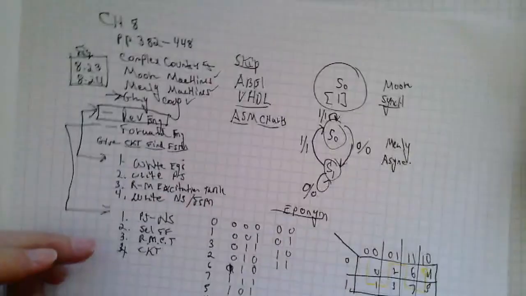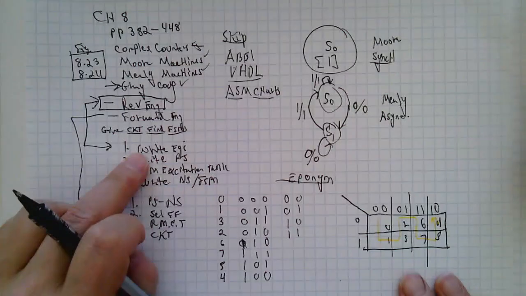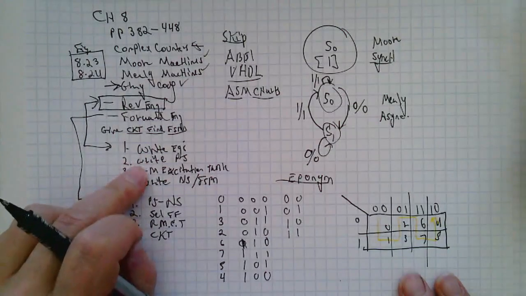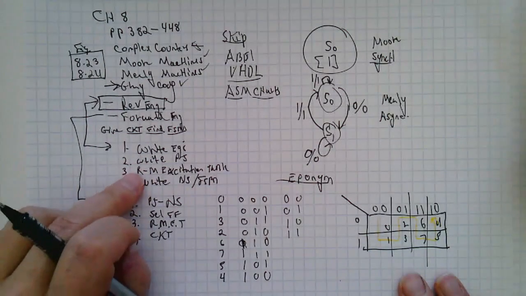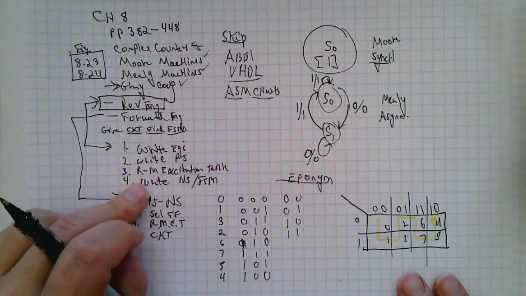Question 11. Okay, so question 11 is a reverse engineering question. We write the equations, we write the present state, we write the remapped excitation table, we write the next state in finite state machine.